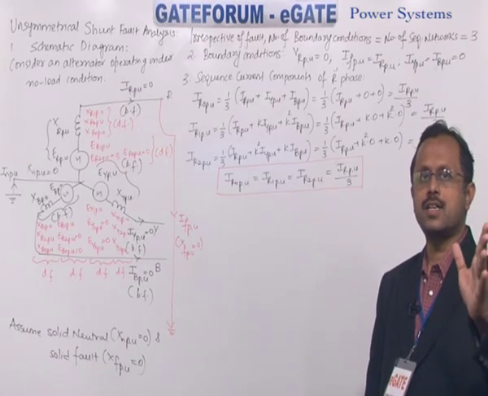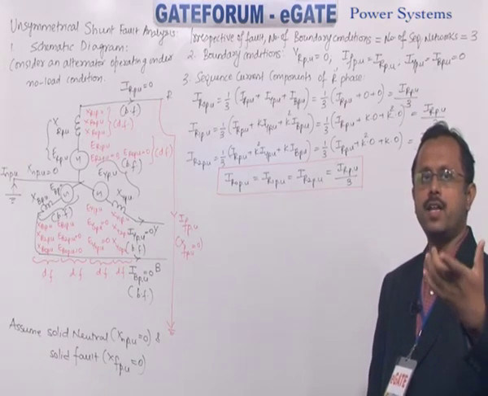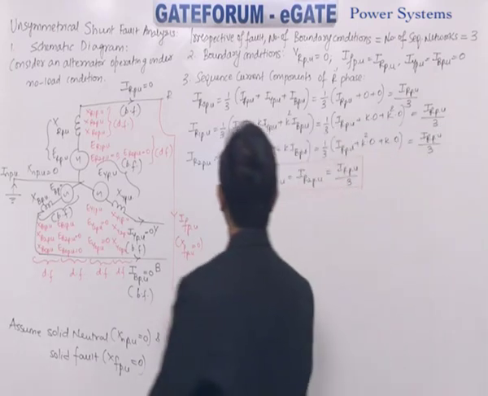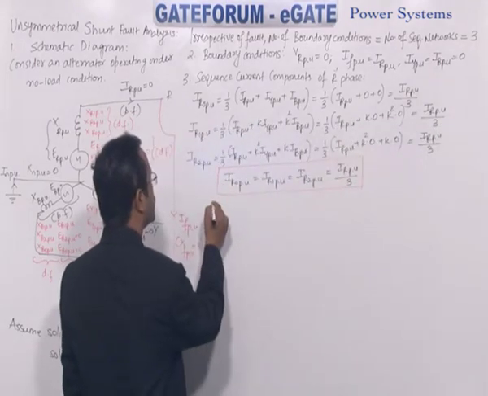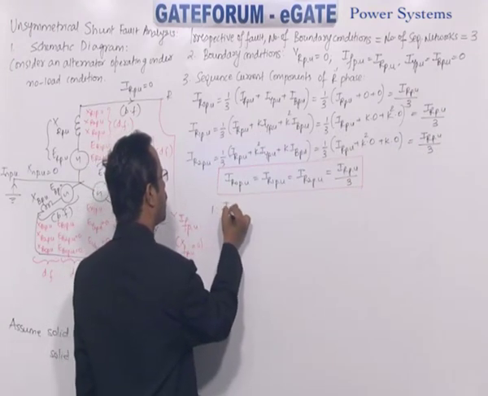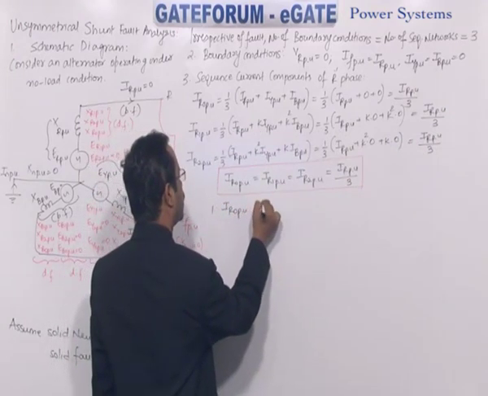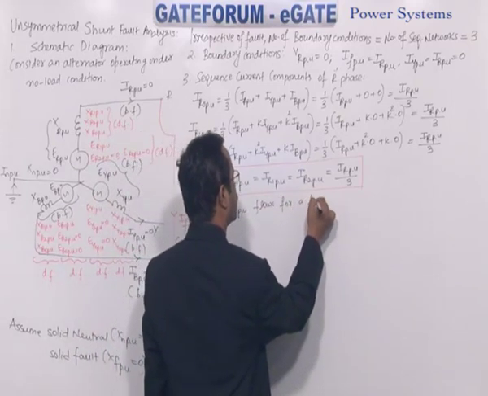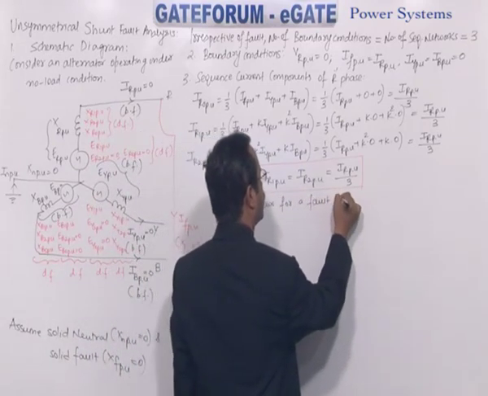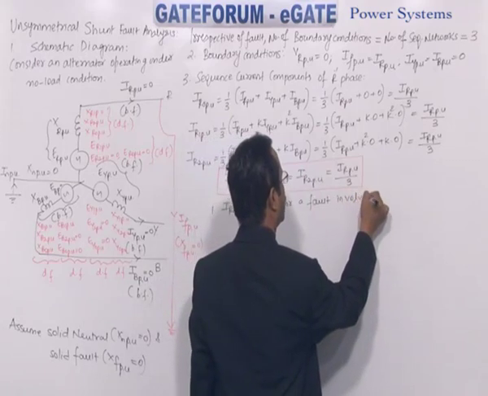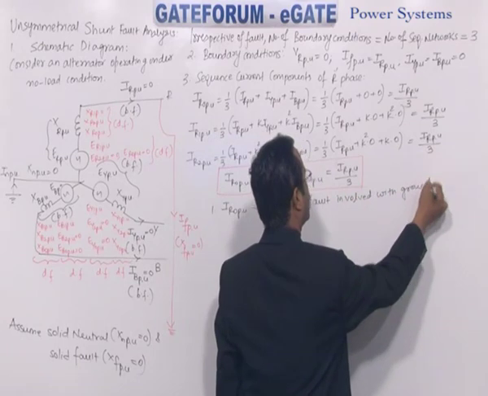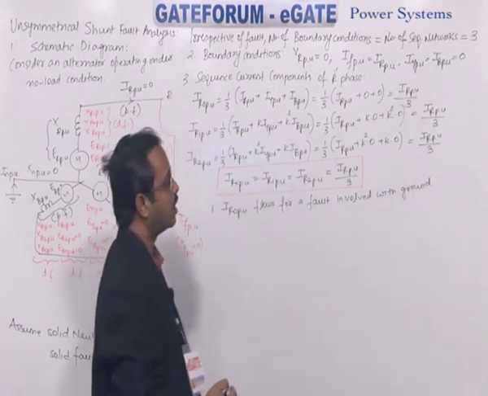So the first point is, IR0 per unit flows for a fault involved with ground.